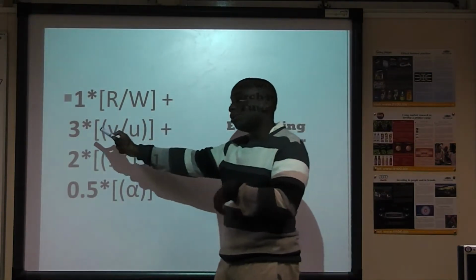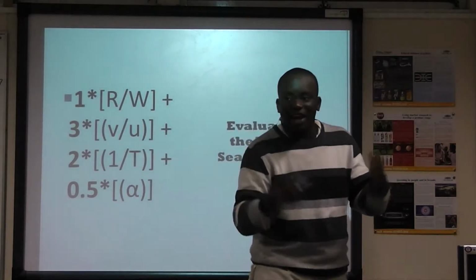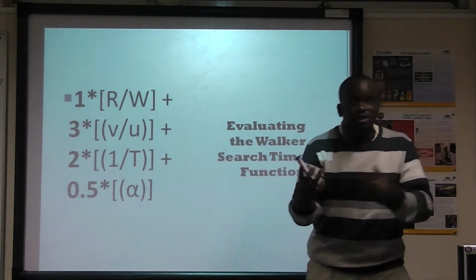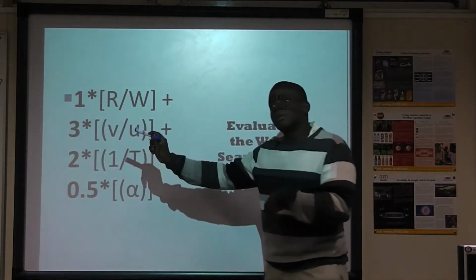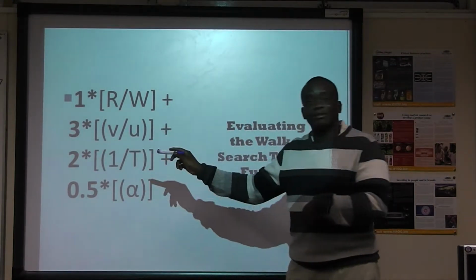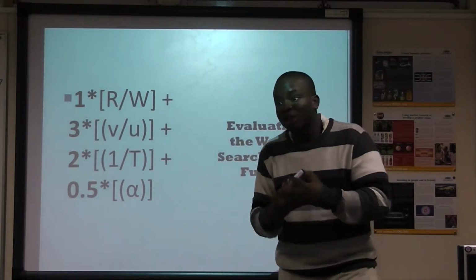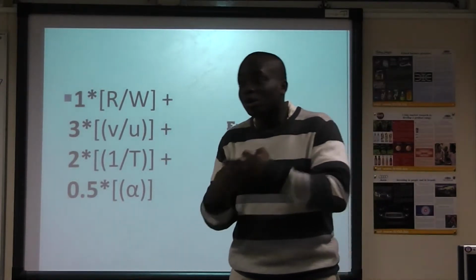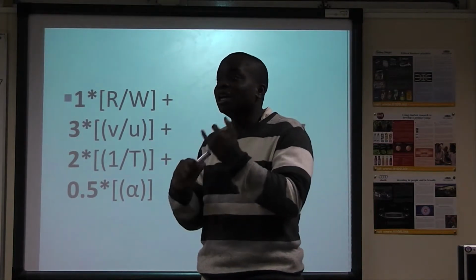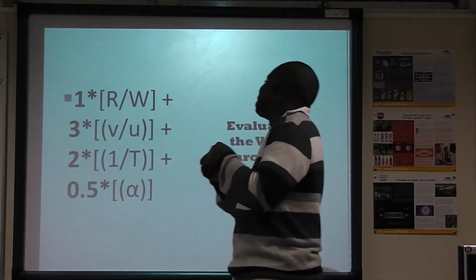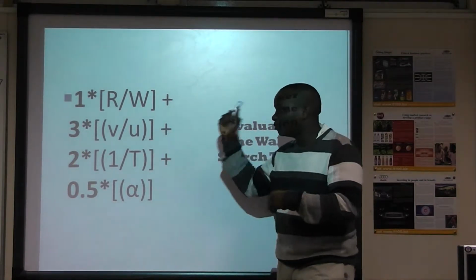I'm saying that the most important determinant of search time, and through research, I'm not just picking this out of thin air, I evaluated evidence, was the state of the macroeconomy. So it was this ratio. If there are more people unemployed, if you're competing against more people, you're going to be more impatient, you're going to set low reservation wages, and you're going to increase the intensity of your search activity. So I established this as one of the most important factors of search time.